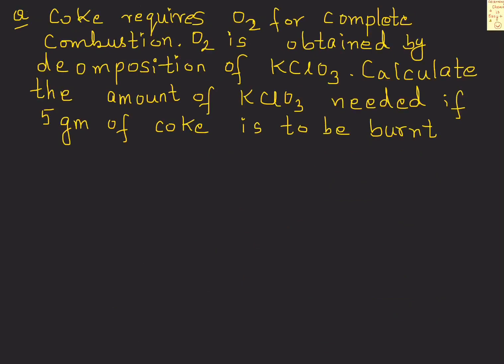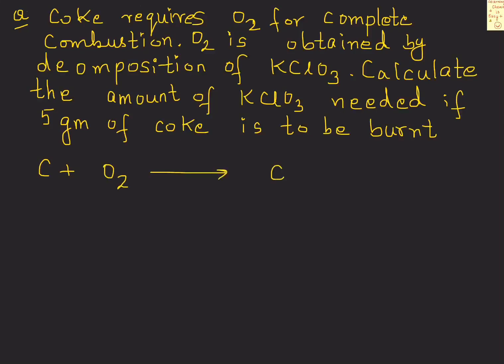Now, here I have got a very different type of question. We are taking a big jump over here, and we've got a question wherein we have two equations. Coke requires oxygen for complete combustion, right? And Coke is carbon. Oh yes, not the drinking Coke.